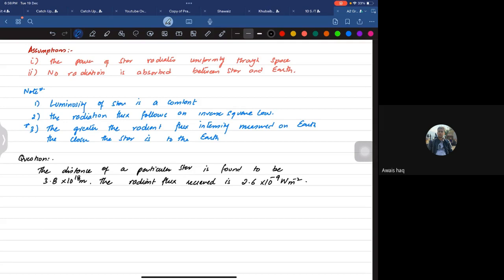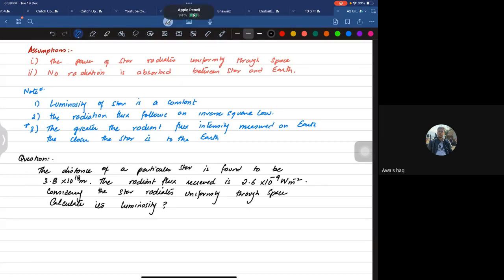Now, considering the star radiates uniformly through space, calculate its luminosity. That's the question. Can you guys please try this? Take 2 minutes. Try this, so then we'll go forward.